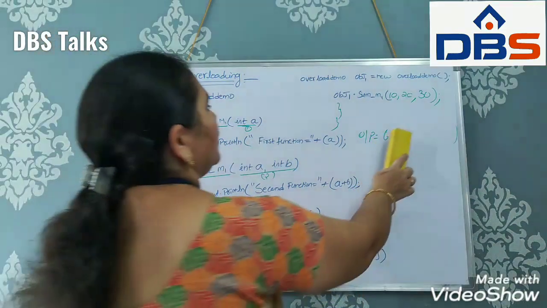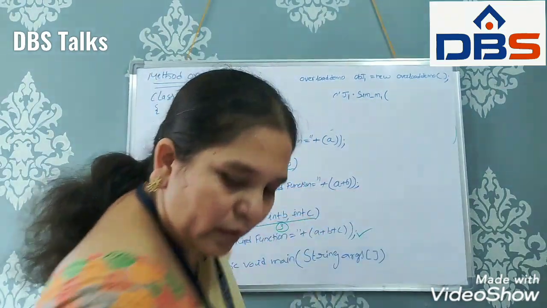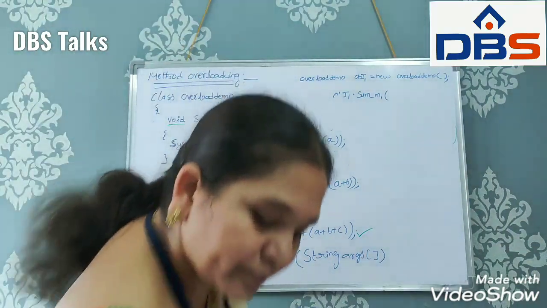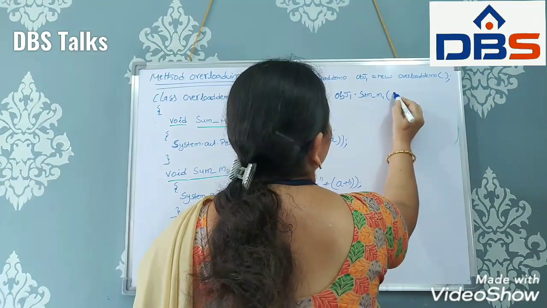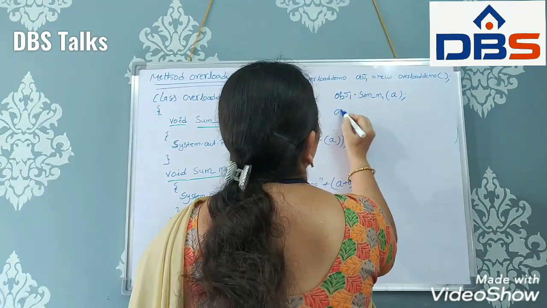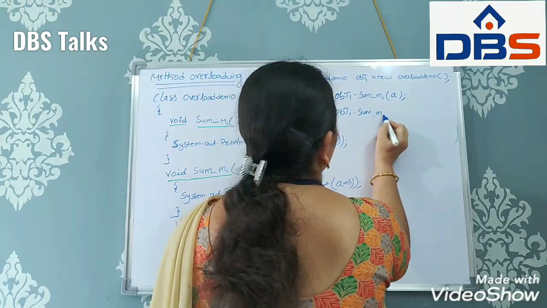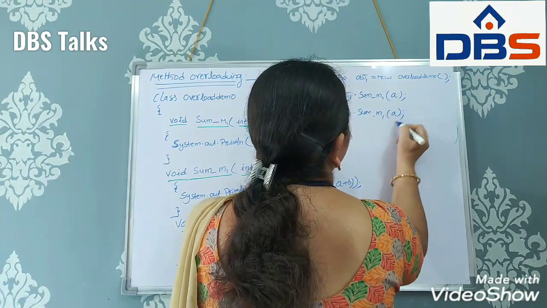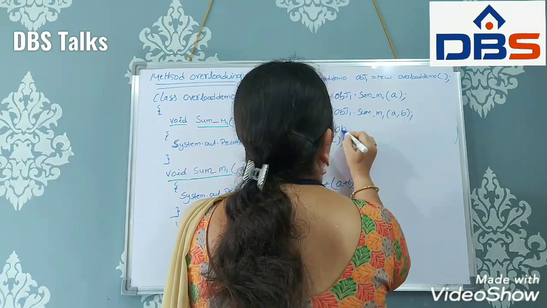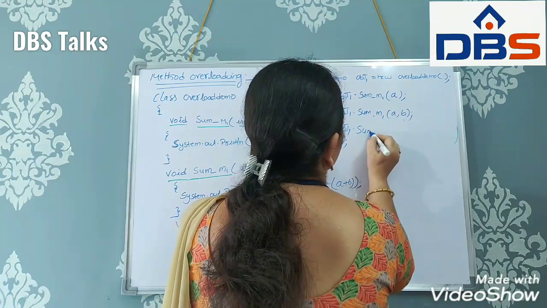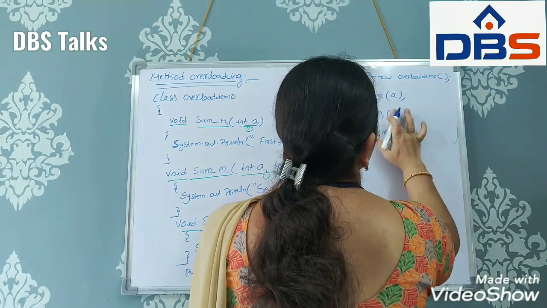So now suppose I want to execute like this. obj1.sum_m1 with a, b, and obj1.sum_m1 with a, b, c.